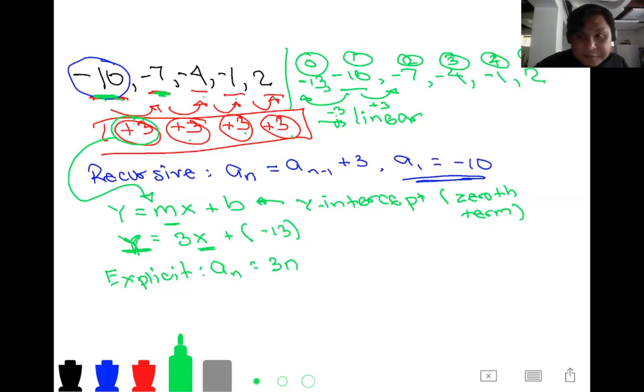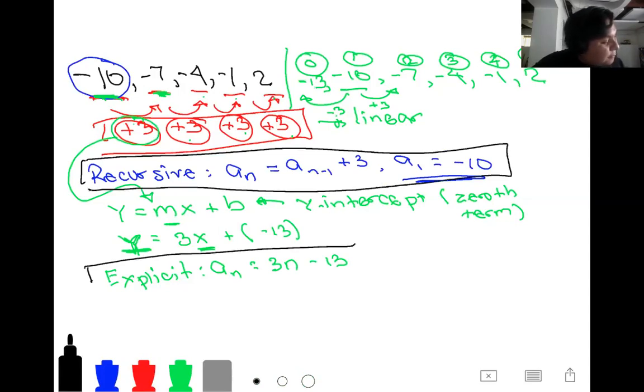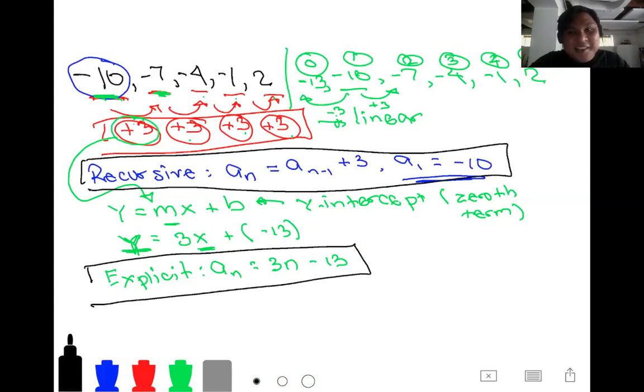The plus -13 we simply write down as -13. Thus, we now have the recursive formula, and we have the explicit formula.